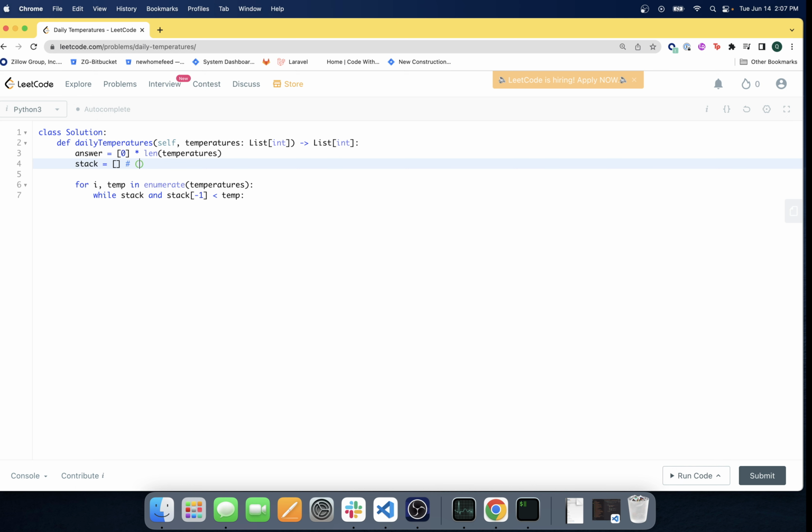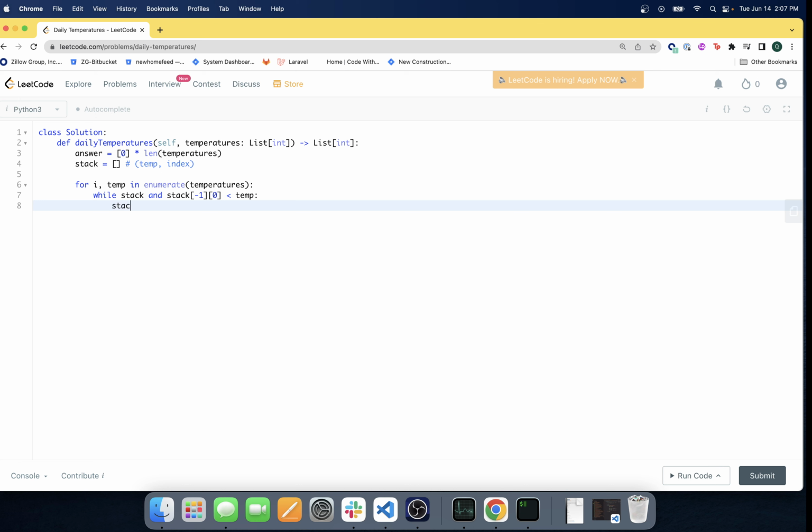It's going to have our temperature and our index. So we're going to take the top of the stack, and from the tuple we're going to get the actual temperature. So that's going to be 0. So stack -1, 0 is less than temperature. While it's less than the temperature, then we know that we need to pop. So we're going to pop.